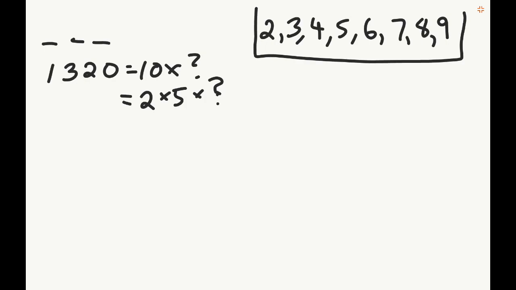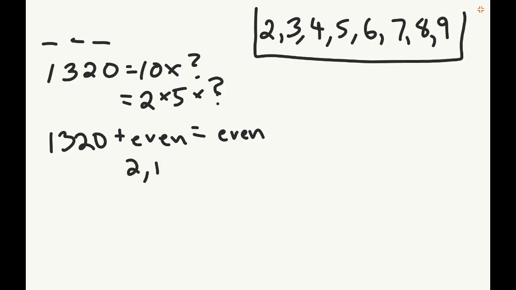Well, if we do 1320, which we've just said is an even number, plus an even number, we always get an even number. Maybe I'll go over how we know that in a different video, but I'm trying to stay focused here. So 1320 plus an even number is another even number. Well, what are even numbers? 2 is an even number, 4 is an even number, 6 is an even number, and 8 is an even number.